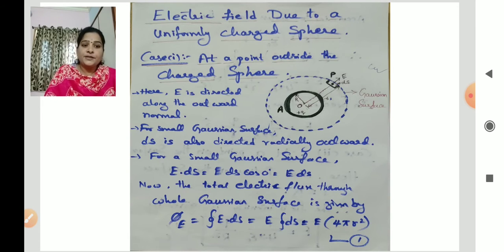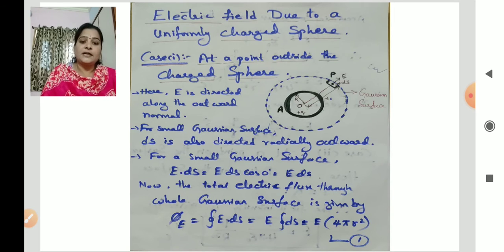The angle between E and ds is 0, therefore it is E ds cos 0, and that is E ds. Now if you calculate the electric flux through a small elemental area, we need to integrate it for the electric flux through the entire Gaussian surface. You have to find the electric flux by integrating this E ds.